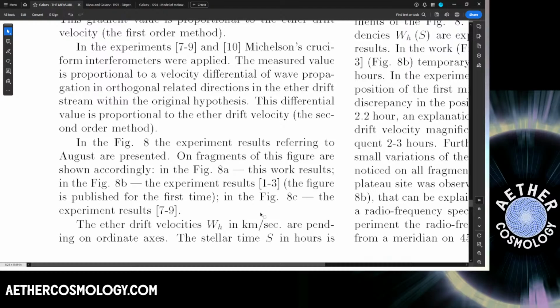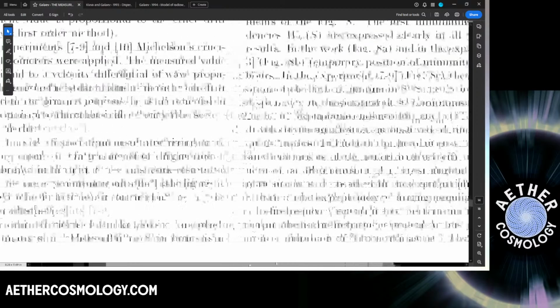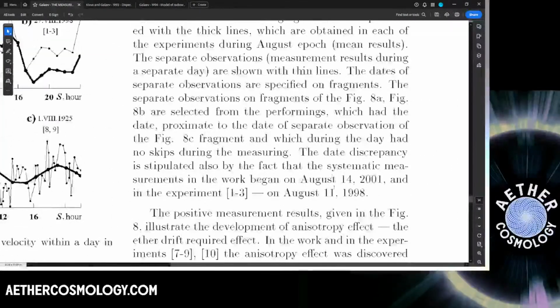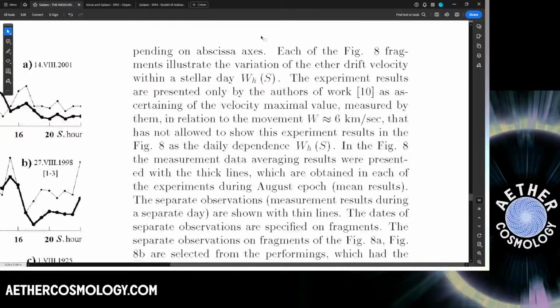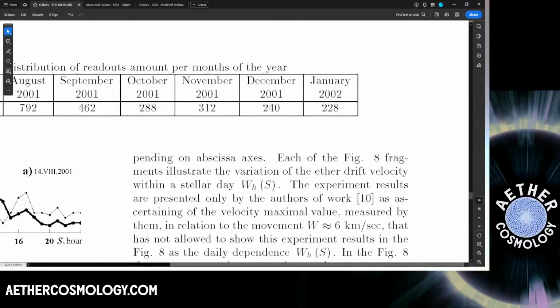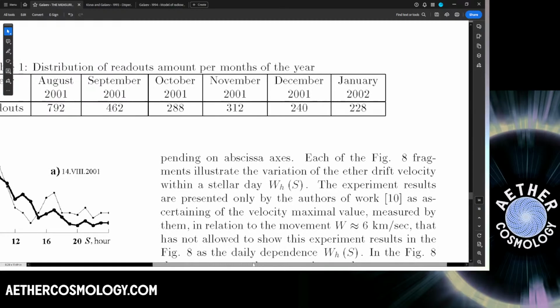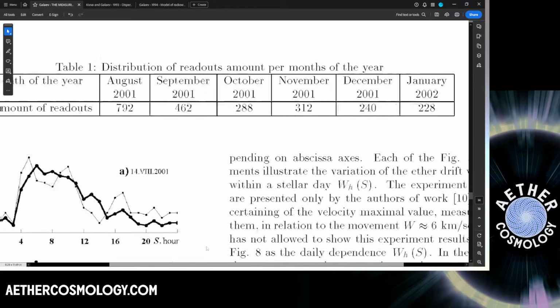The ether drift velocities WH in kilometers per second are plotted on the ordinate axis. The stellar time S in hours is plotted on the abscissa axis. Each of the figure 8 fragments illustrates the variations of the ether drift velocity within a stellar day, WH versus S.